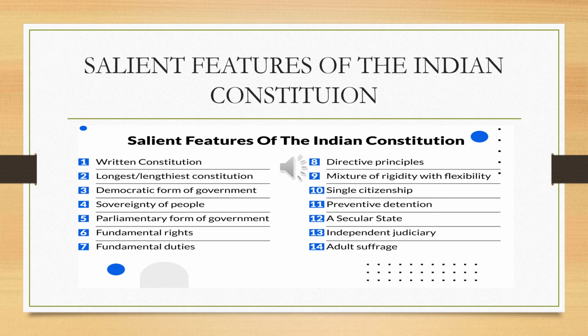Single citizenship means that in India we have just one voter card, for example, which can be applied for the whole country and even for a particular state also. So that is why we enjoy a single citizenship. One example I'm giving: for moving from one state to another we do not need to get any documents or any no objection certificate from the government.